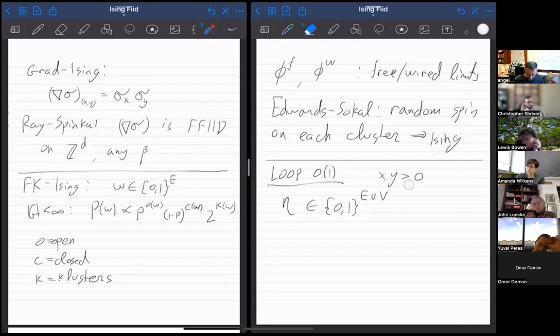So we have two positive parameters, x and y, and yes, we can also allow 0. So on a finite graph, we consider percolation. The idea is that you have a weight x for every open edge and y for every open vertex, but there is a constraint that you're looking at an even configuration. So what is an even configuration?